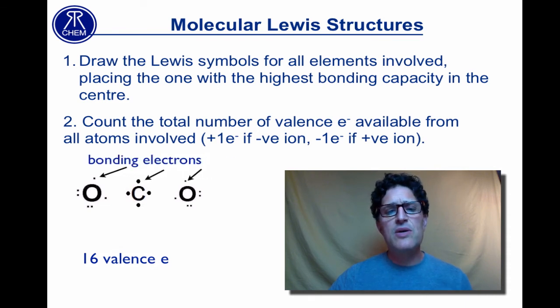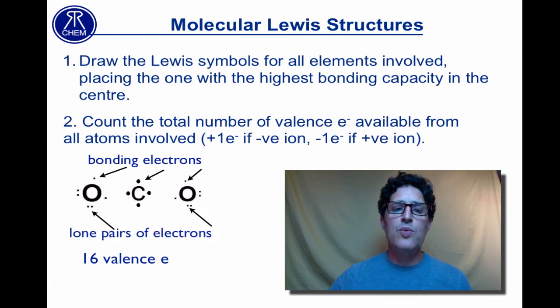Some of these electrons are what are called bonding electrons, and some of them are called lone pairs of electrons. Now, I haven't indicated all of those. You'll notice that the bonding electrons will be involved in the bonding. The lone pairs do not participate in bonding.